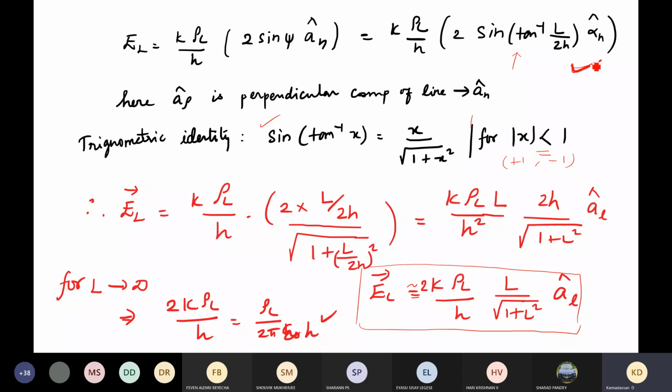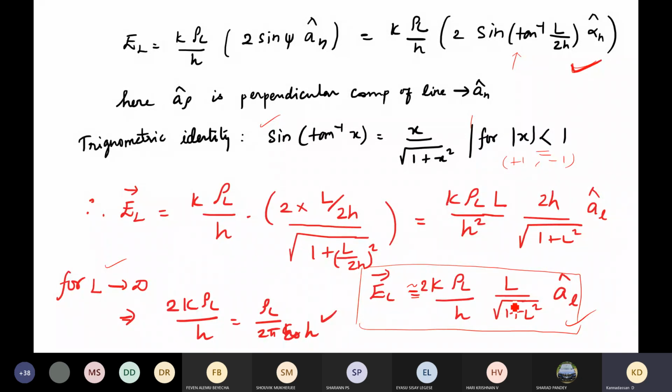That is why I'm saying that you can stop here, no problem, but you can also say that this is also optimally correct. But how do we say both are correct? You are supposed to plot using MATLAB or some other tool. When you do that, you will see how closely these two expressions meet each other. And when you substitute L equal to infinity, L is definitely very, very much larger than 1. In that case, it will become L square, so L square becomes L after the root, so L will be cancelled.